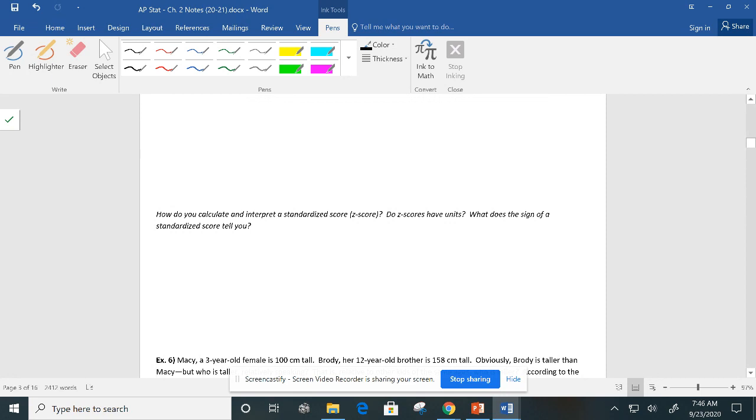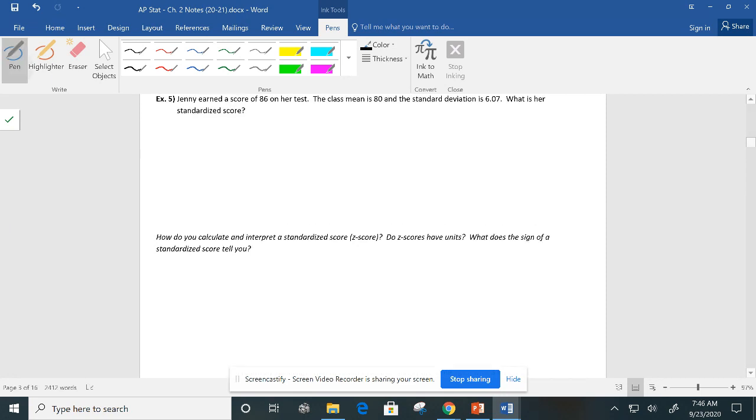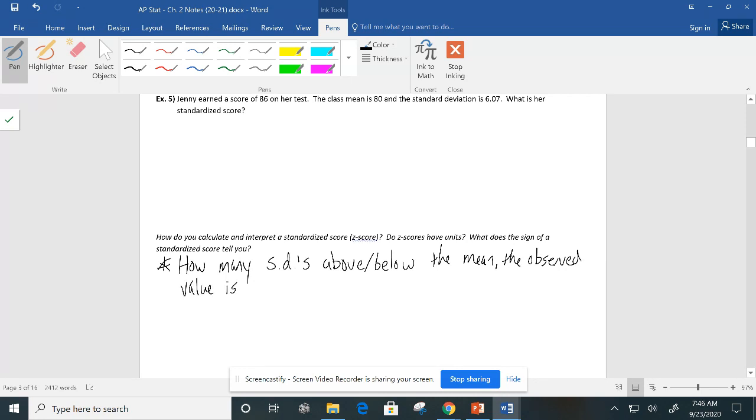So first thing, like we just said, a z-score tells us how many standard deviations above or below the mean the observed value is. Z-scores do not have units.